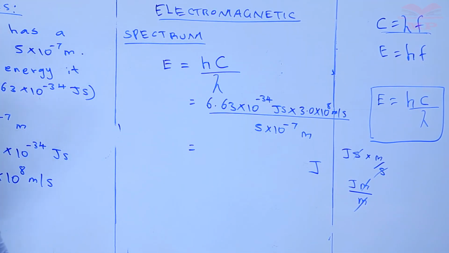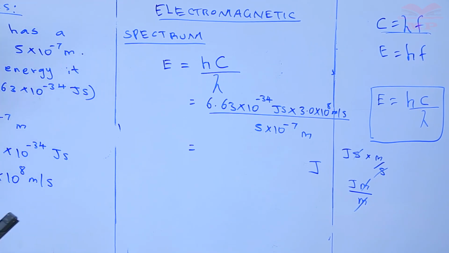So you can feed it in your calculator and get the answer. So we have 6.63 multiplied by 10 raised to power negative 34. Then you are multiplying by 3 multiplied by 10 power 8. Then divide by 5 multiplied by 10 power negative 7.